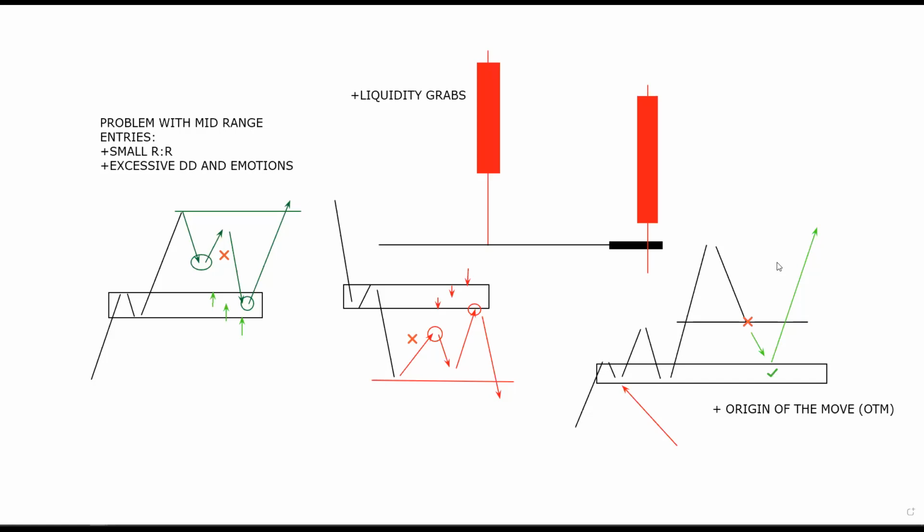There's somebody who's saying, can you also enter that zone? What I learned is that the recent lows or highs will be taken out before we get a zone. Because most people are trying to buy or sell mid-range.